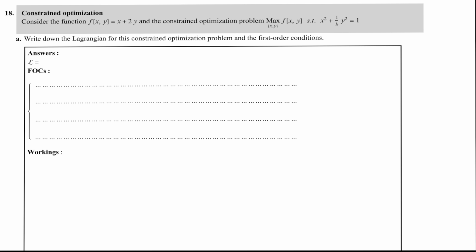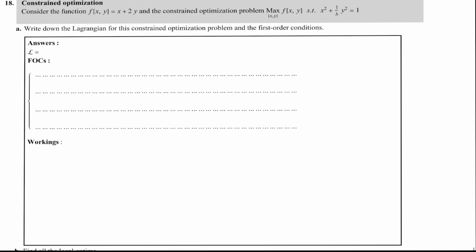Okay. Consider the function f(x, y) equals x plus 2y and the constraint optimization problem, which is the maximum of the function f(x, y) subject to x squared plus 1 over b y squared equal to 1. Write down the Lagrangian for this constraint optimization problem and the first order conditions.